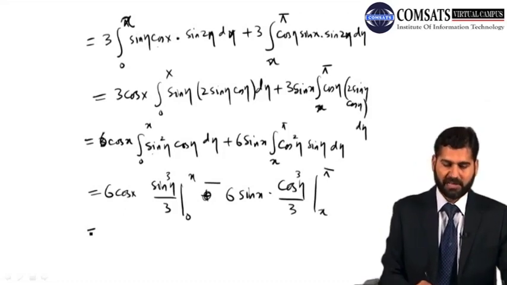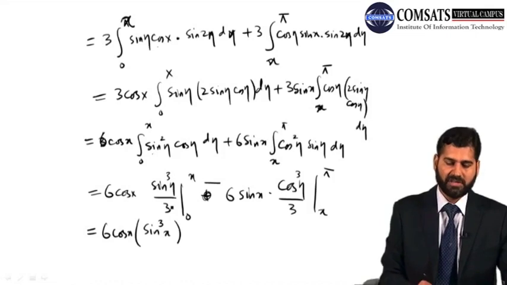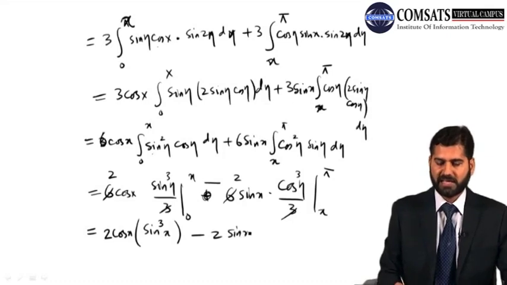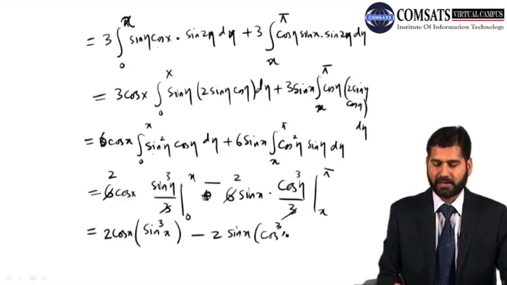So now if you replace the values, eta equal to x makes it sine cube x, and minus sine 0 is 0. This 3 is cancelled with this 2, so you can write 2 here, and minus again 3 times 2 is 6, so you can write minus 2 sine x, and cosine cube pi minus cosine cube x.